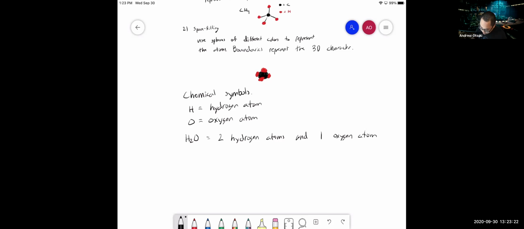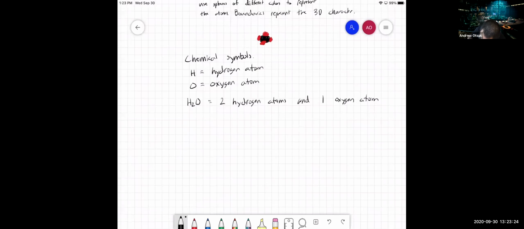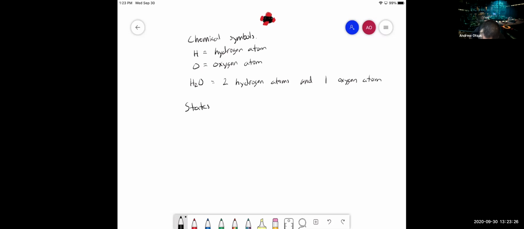Now we're going to talk about states of matter. Hopefully you know all of them. They're the most common ones. The states of matter that we talk about are solid, liquid, and gas.